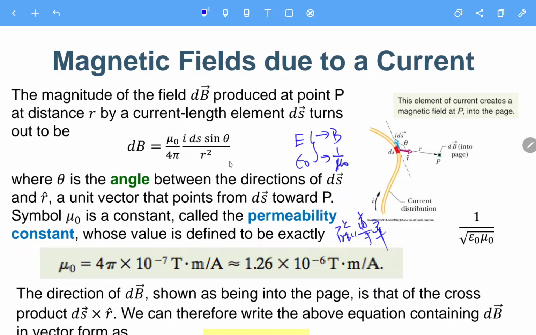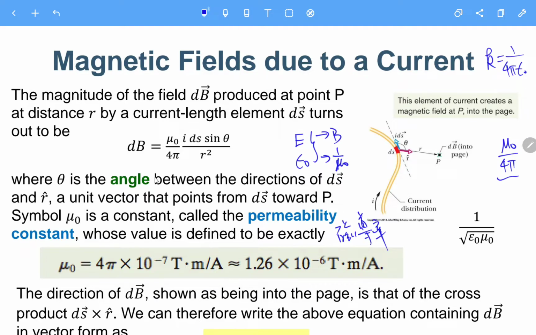At that time we have the constant k for the E field, like 1 over 4 pi epsilon naught. If we follow this rule, it becomes mu naught over 4 pi here, because epsilon naught becomes 1 over mu naught, so this mu naught goes to the top. We can see this term here.